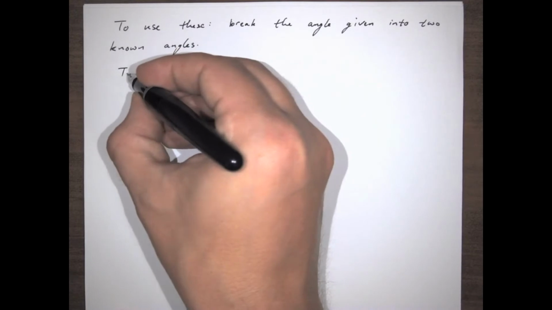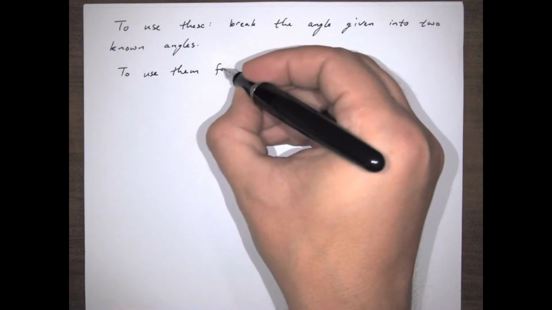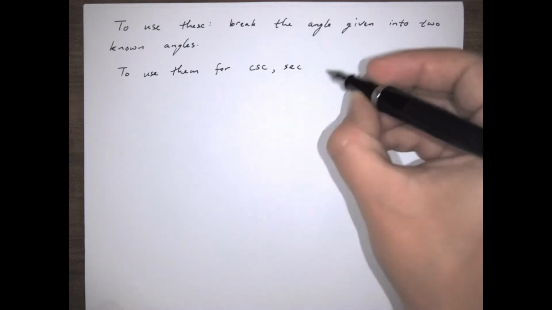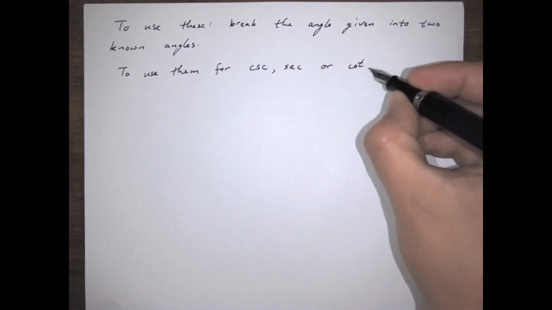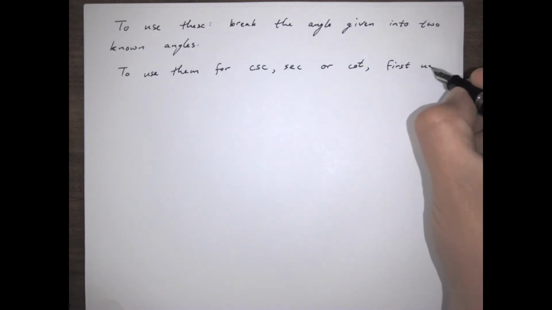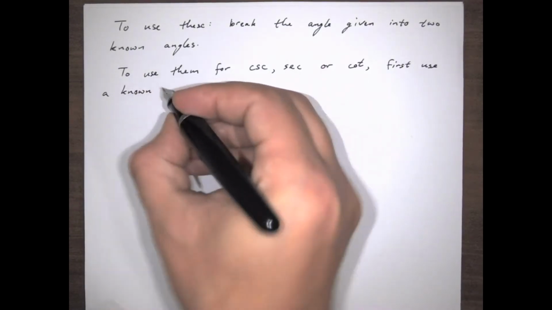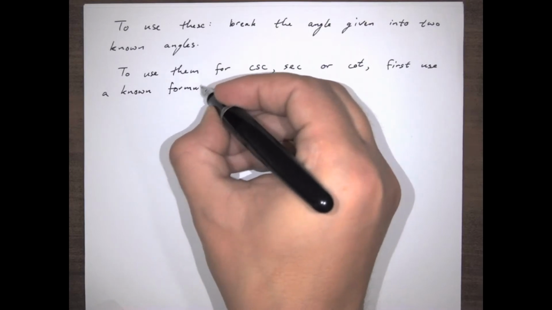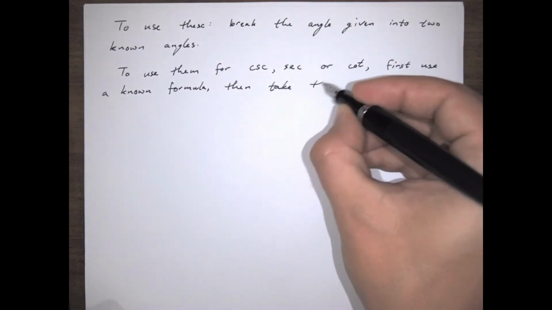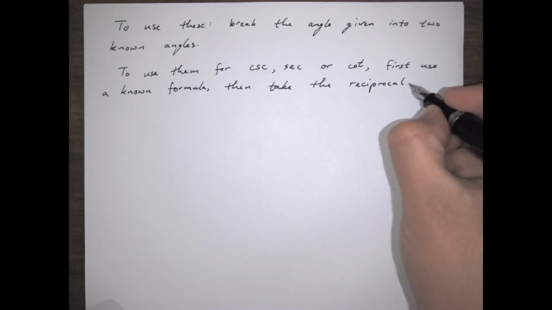So if we want to use them for cosecant, secant, or cotangent, first use a known formula. Then take the reciprocal.